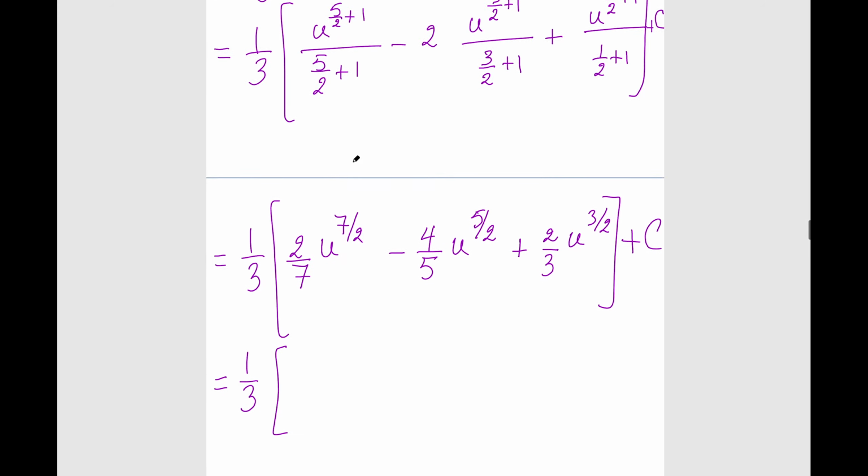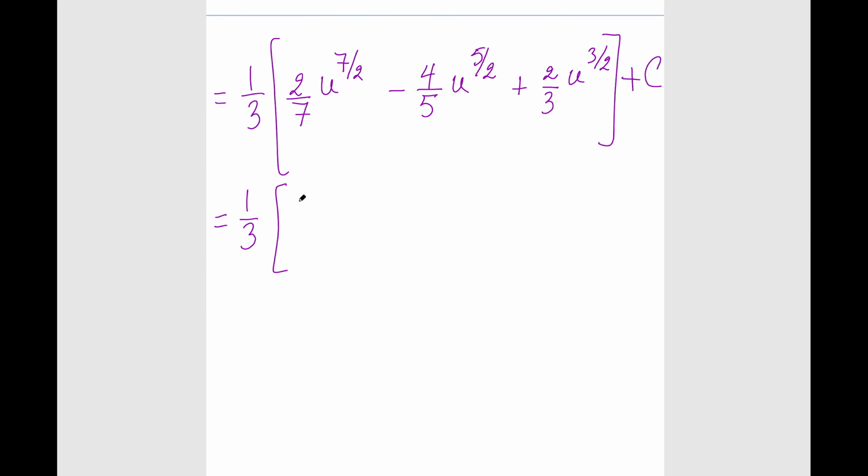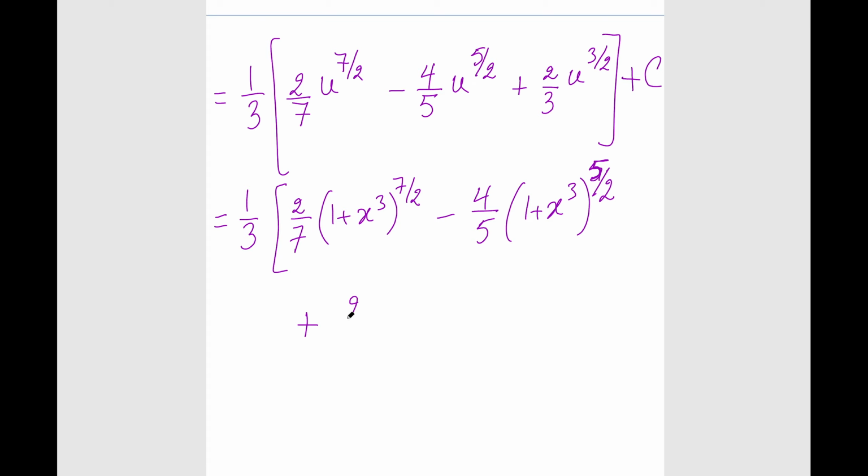So that becomes 2 over 7, 1 plus x cubed to power 7 over 2, minus 4 over 5, 1 plus x cubed to power 5 over 2, plus 2 over 3, 1 plus x cubed to power 3 over 2, plus that constant of integration. It's just replacement at this point because we finished the integration part.